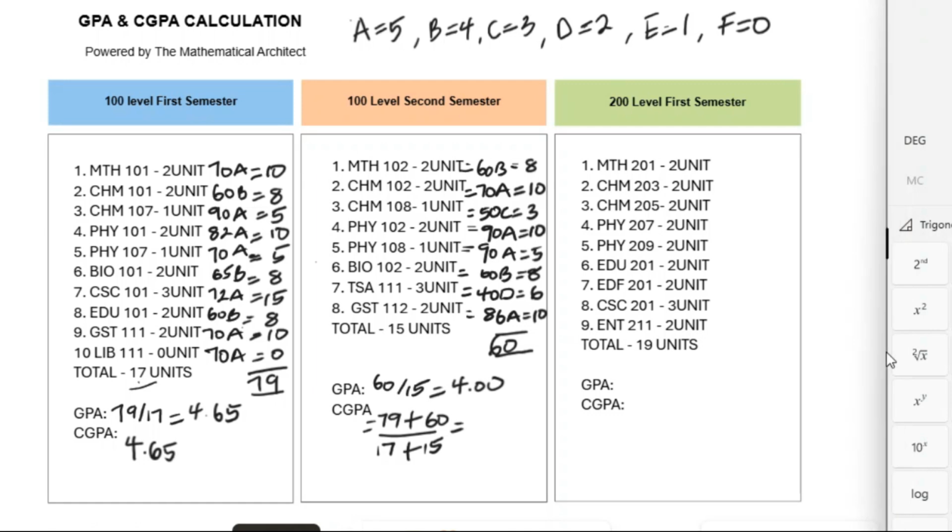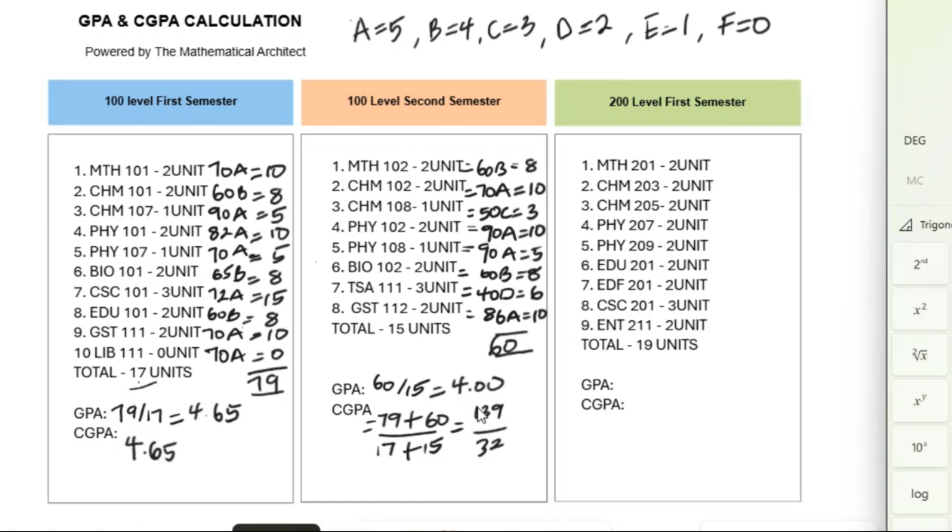So here, 79 plus 60 will give us 139, divided by 17 plus 15. Let me confirm that. 17 plus 15, so that's 32.